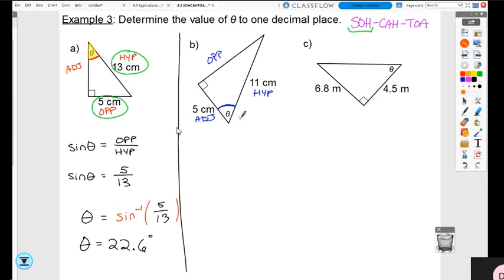Now some of you might say, well, there's two ways to look at this, just like there were two ways to label the triangle. It depends on how your mind looks at it. Some people might say, oh, look, I don't have the opposite side. So which trig ratio does not involve the opposite side? Which one does not have an opposite in it?